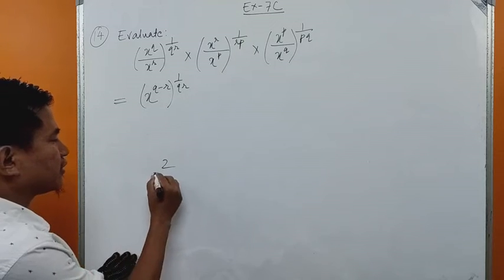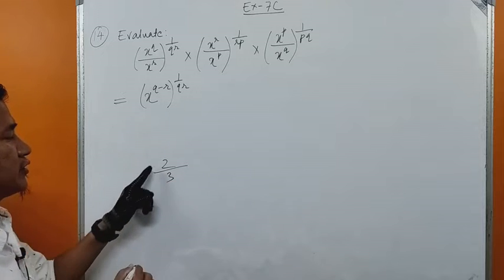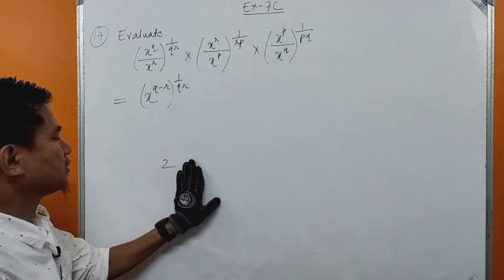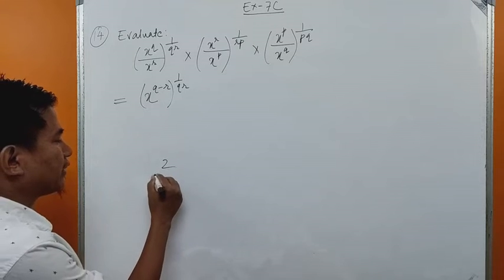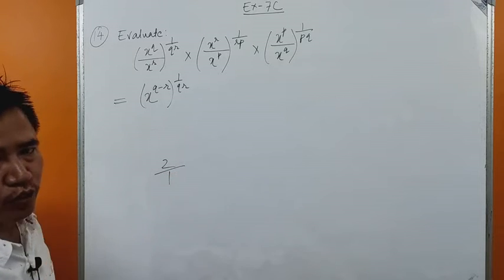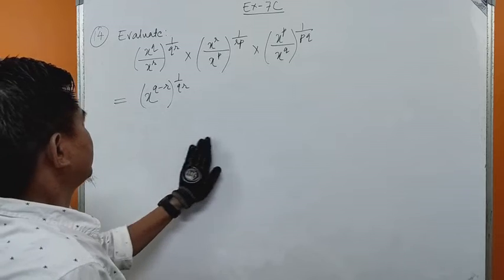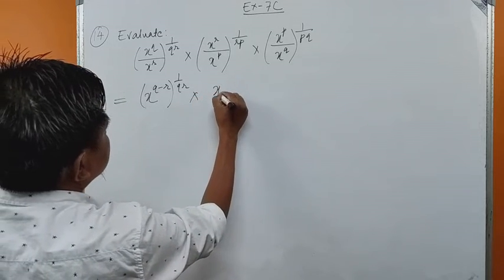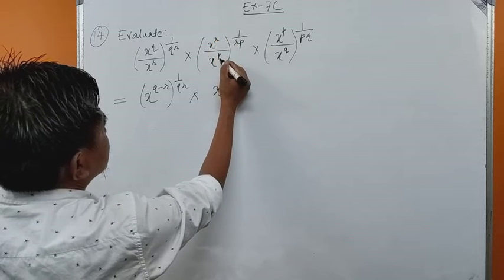Okay, if there is already a number mentioned like this, then we should say there is 3 in the denominator. Otherwise, this number is in the numerator and the number in the denominator is 1. So into x to the power, this is r and this is p.